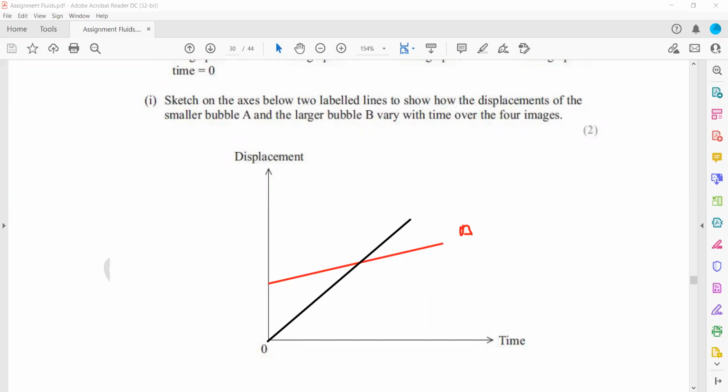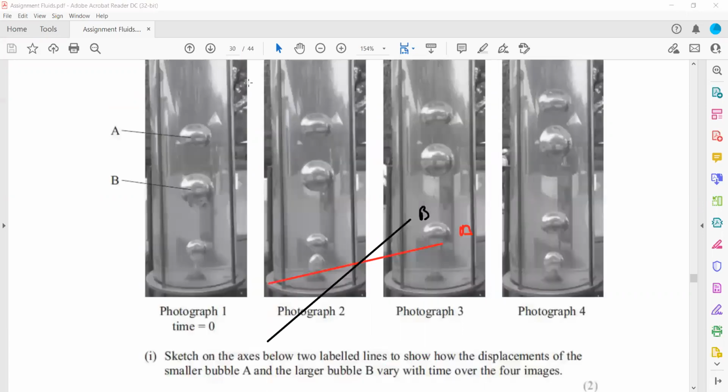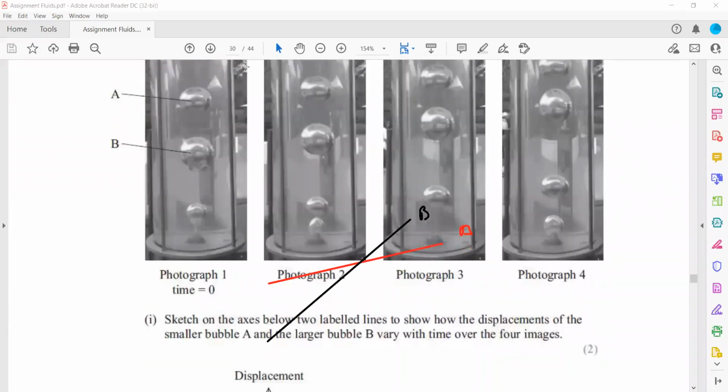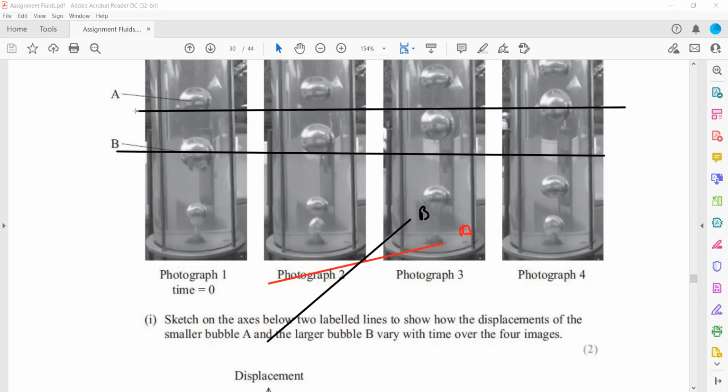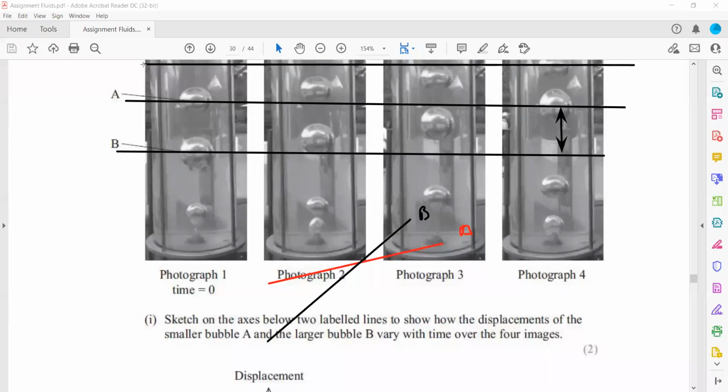And why does B cross A? Because when you compare the displacement of B with reference to A, you can measure this in the figure. Take the center, from the starting position to the last figure. This is the actual displacement of B. But the actual displacement of A from the starting figure till the last figure, we take the centers.